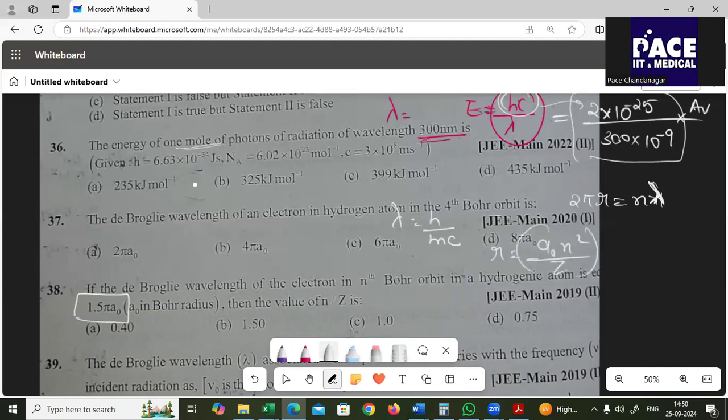And we know that n lambda is equal to 2 pi r. So with this we can do it, right? So hc by lambda, a naught into n square by z. As you substitute the n square by z value, you will get those values. Fourth Bohr's orbit is mentioned, so just substitute that, and hydrogen atom is mentioned, bring it up, that's it.